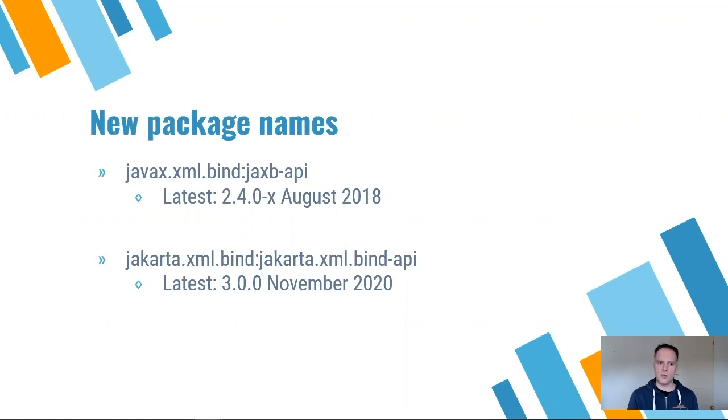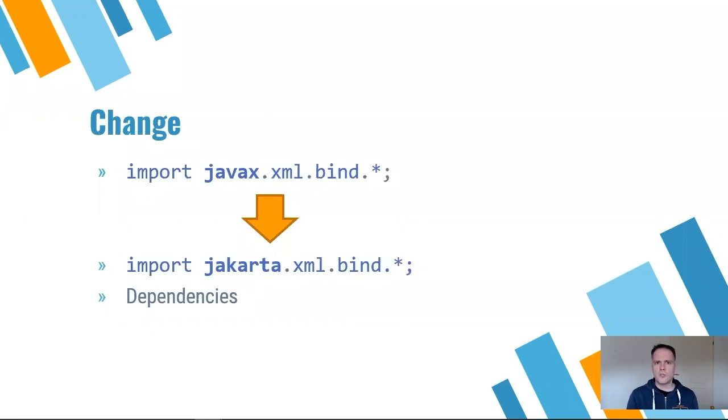So you should use the artifacts mentioned at the bottom to make sure that you're on a current version of this functionality. So your application could use a simple JavaX import before, because JAXB was provided by the JDK. Nowadays, you need to import the right Jakarta package, and you need to add the Jakarta dependency to your application.